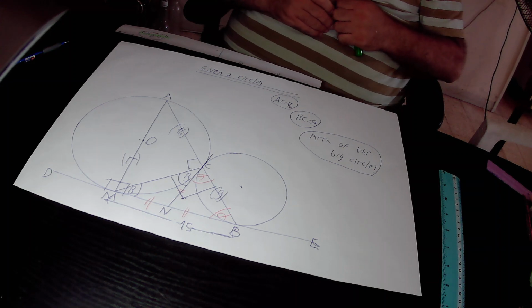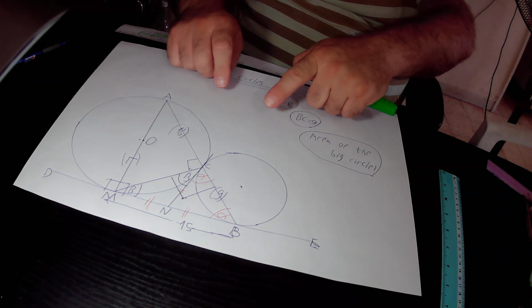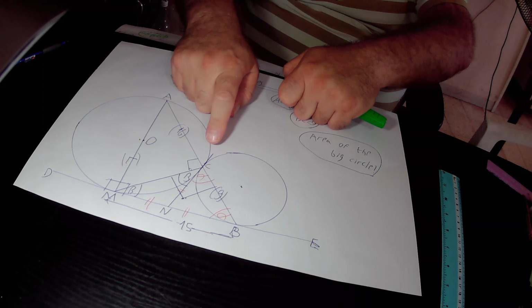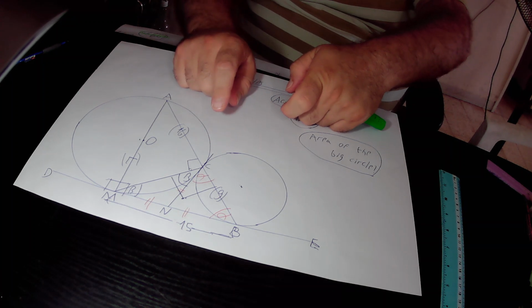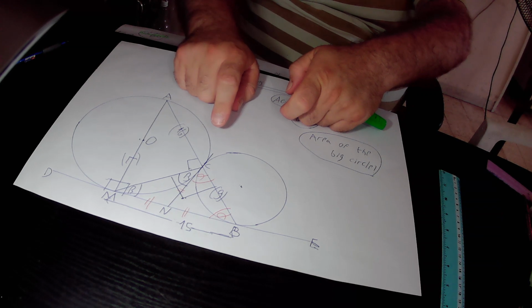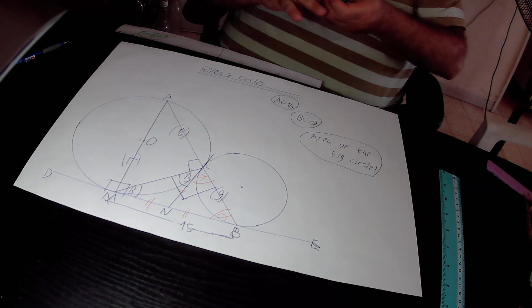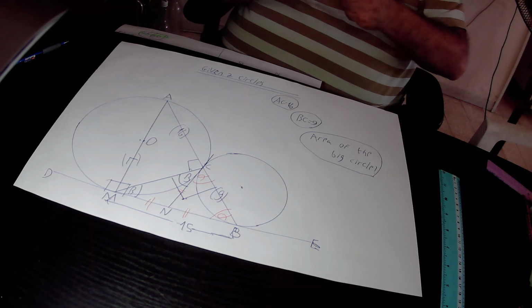So, in the drawing, we have two circles that are tangent to each other at this point C. Or, in other words, they touch each other externally at point C. Okay?